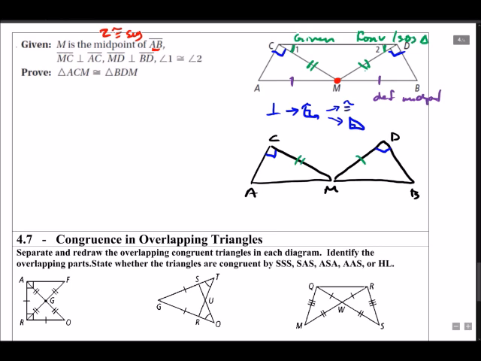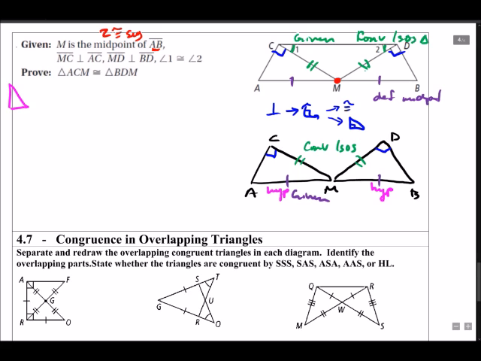And this was my isosceles, converse of my isosceles triangle theorem. Converse of isosceles triangle theorem, right? That let me do that from the triangle in the middle. This is given. Always good to know where your hypotenuse is. So my hypotenuses are congruent. I've got congruent legs, and I can turn my triangles into right triangles.